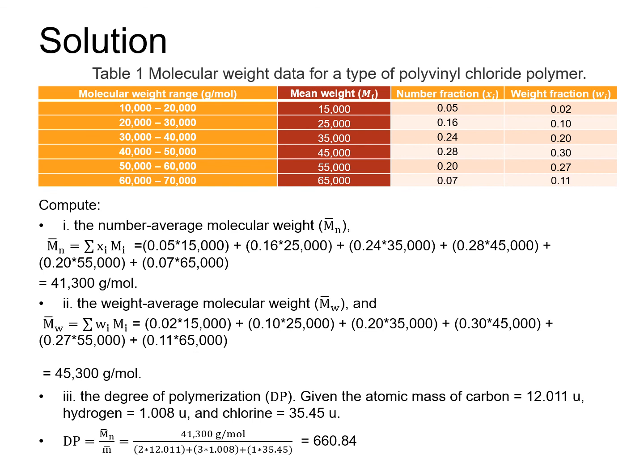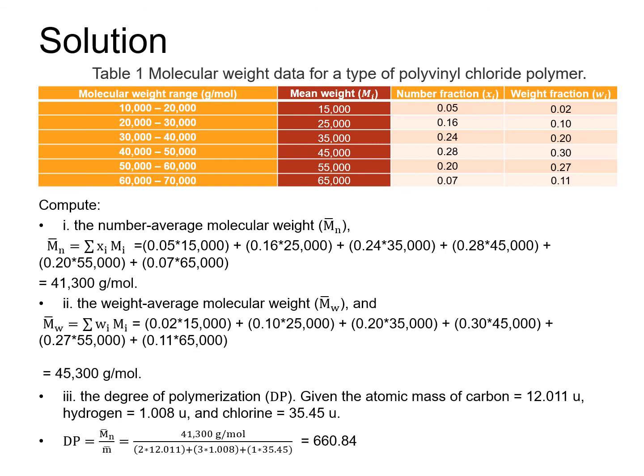From there, we can calculate the number average molecular weight, which is a summation of xi mi, and that equals 41,300 gram per mole, whereas the weight average molecular weight is given by the summation of wi mi, and that is 45,300 gram per mole.